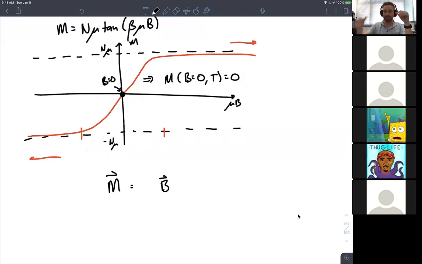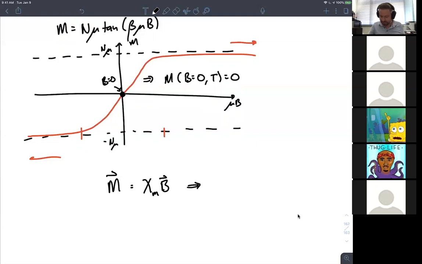The magnetic susceptibility is simply the constant of proportionality between the two. That is, how easy is it to magnetize this material by applying a magnetic field. It's defined this way. I think last time I had the opposite, I had B equal to chi M. You get the idea.